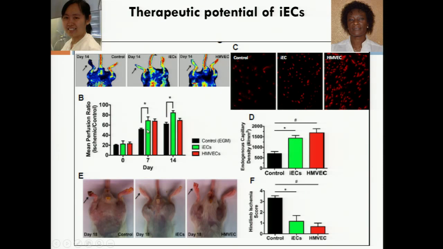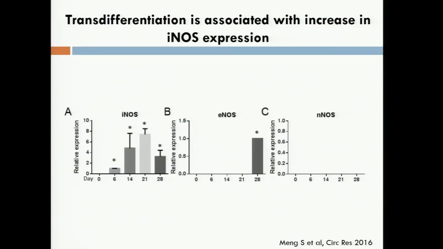Green is the injection of induced endothelial cells into the ischemic hind limb. Red is the injection of genuine endothelial cells into the ischemic hind limb. And you can see there's some benefit of the injection of the induced endothelial cells and human microvascular endothelial cells with an increase in capillary density and a reduction in the damage as shown by the hind limb ischemia score.